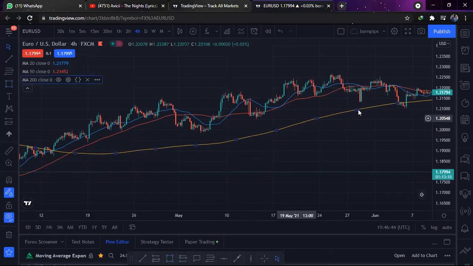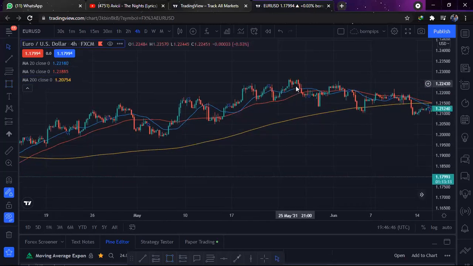It enters again, it goes up until it starts closing below the 50. You get it? When price starts closing below the 50, you pause. You don't enter a trade, you wait, because we are trading when prices are closing above the 50 and the 200 is hanging somewhere on top of the 50.